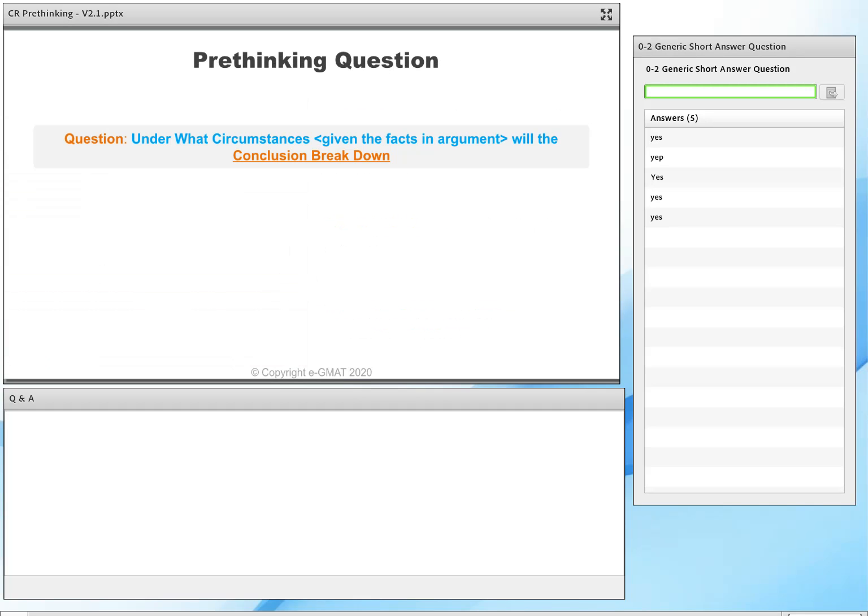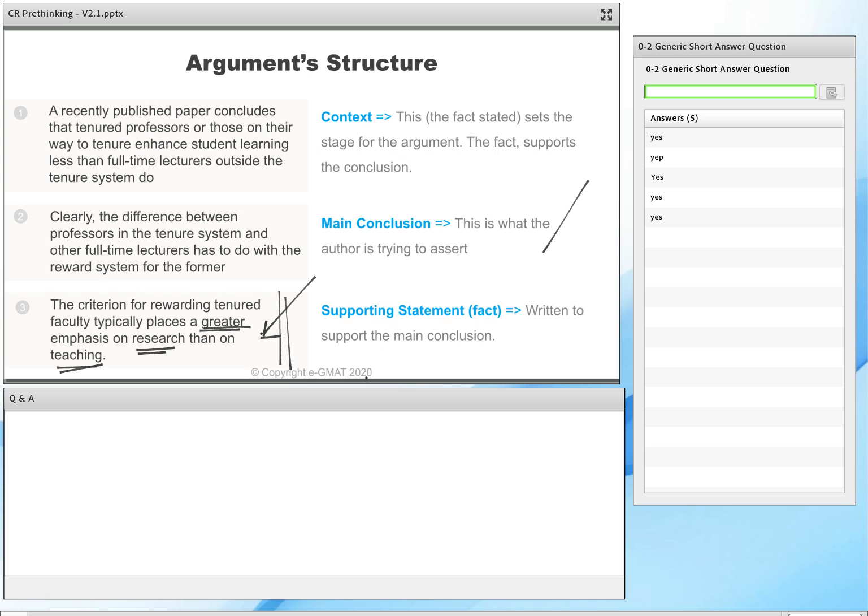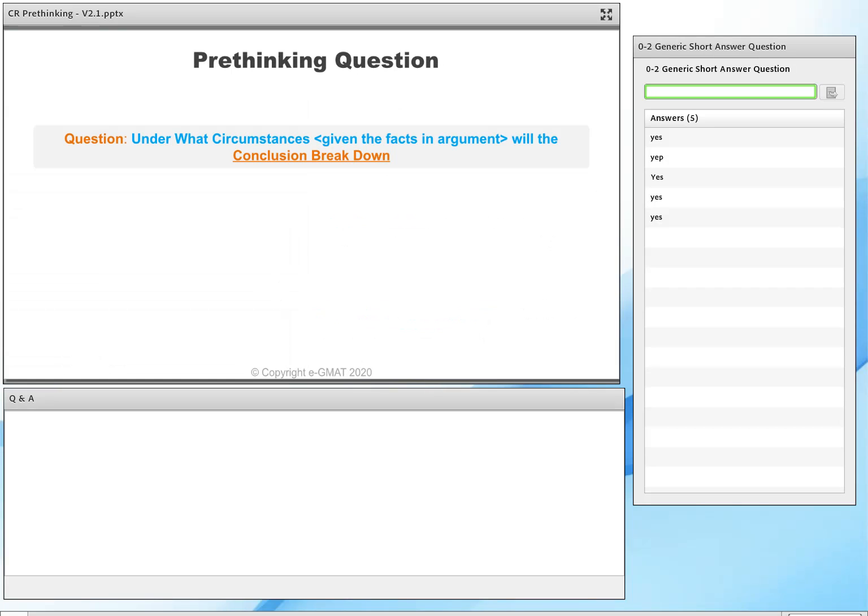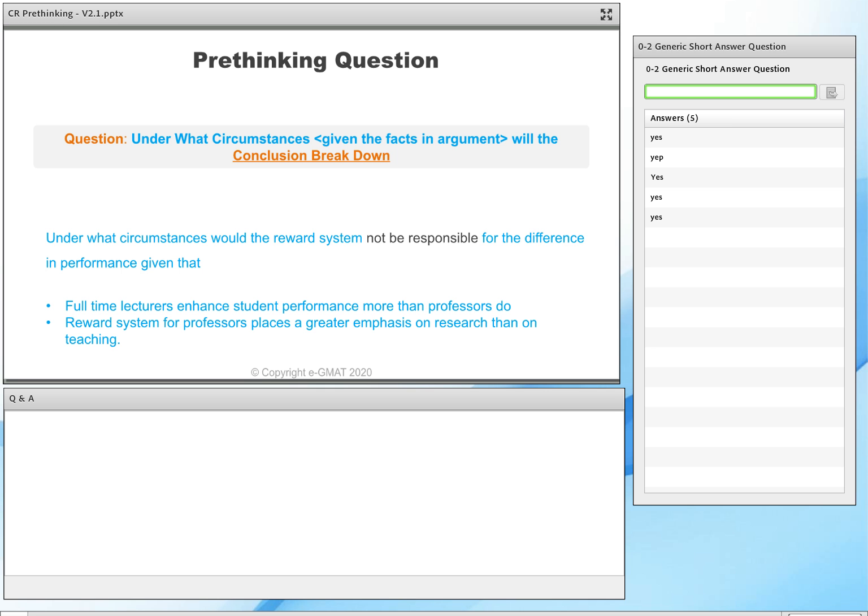All right. So with all of these pieces, now we understand the argument why the author has written this. This is what the author is trying to prove. Okay, he's using this data to come up with the conclusion, and then he's given this supporting statement to support the main conclusion. So let's kind of ask ourselves the pre-thinking question. Under what circumstances, given the facts in the argument, will my conclusion break down? Let's translate that question to this.